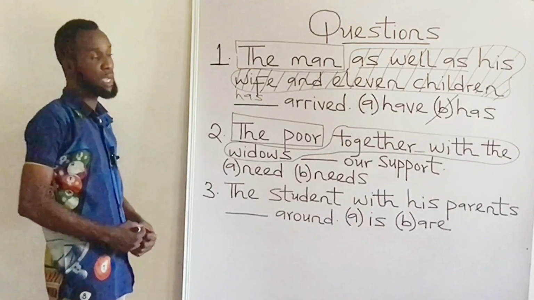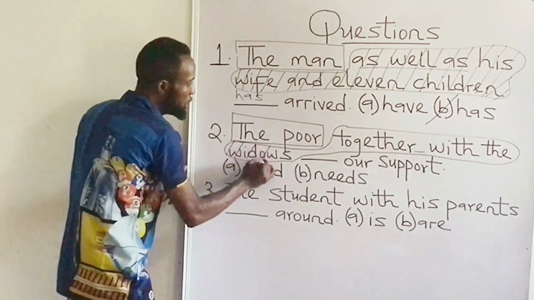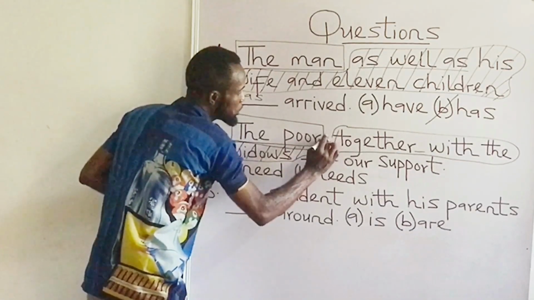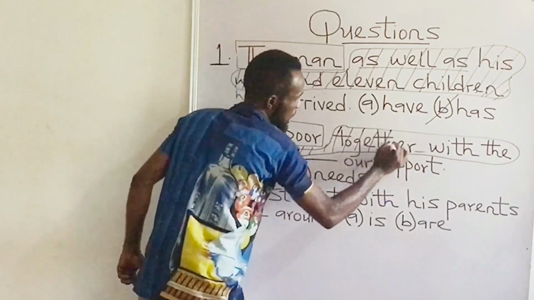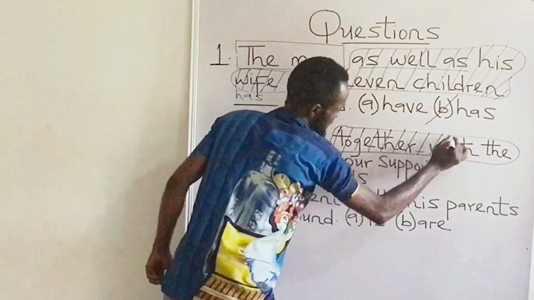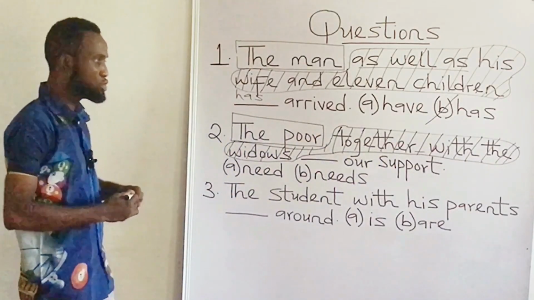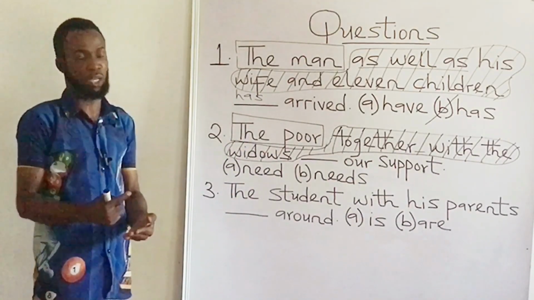Since it is an Accompaniment Concord question, the prepositional phrase is not a part of the subject and does not take part in determining the verb. It is only accompanying the subject.